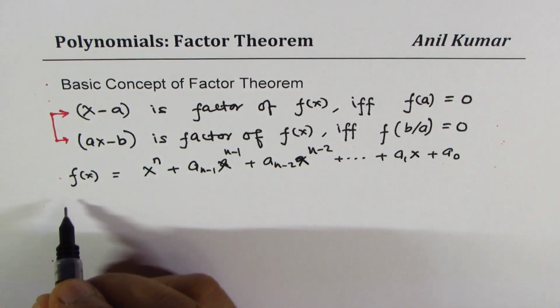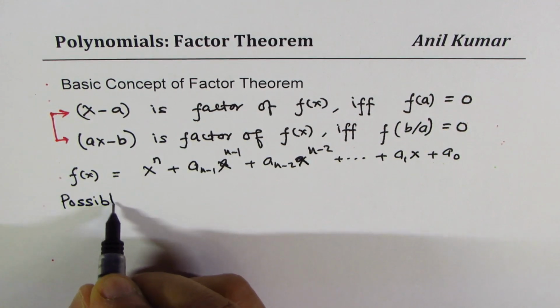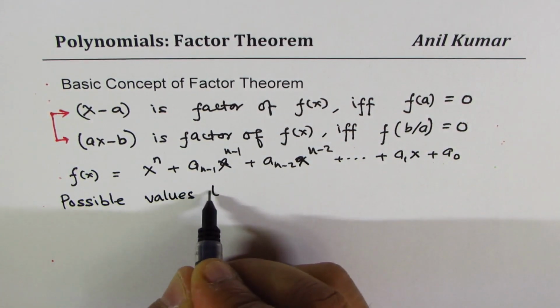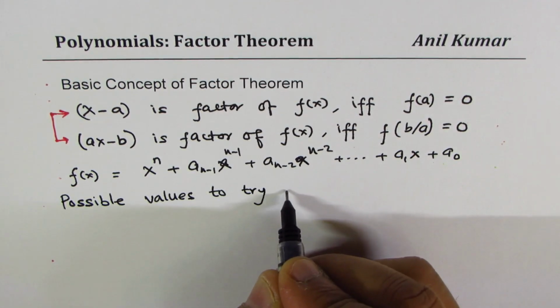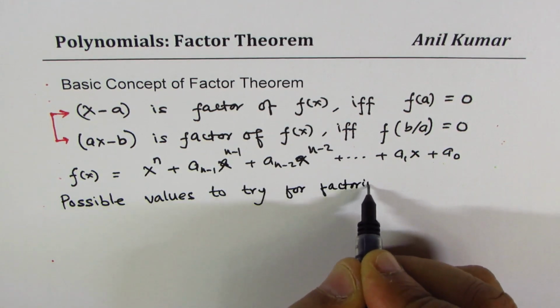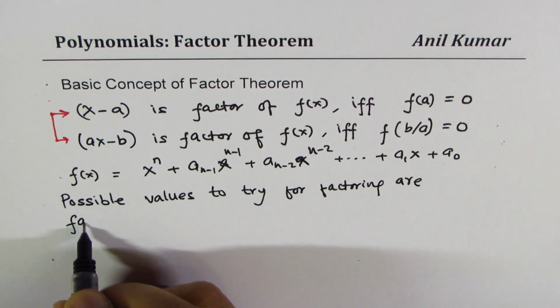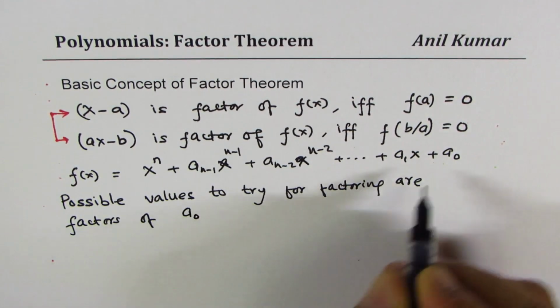In that case, the possible values to try for factoring are factors of the constant a0.